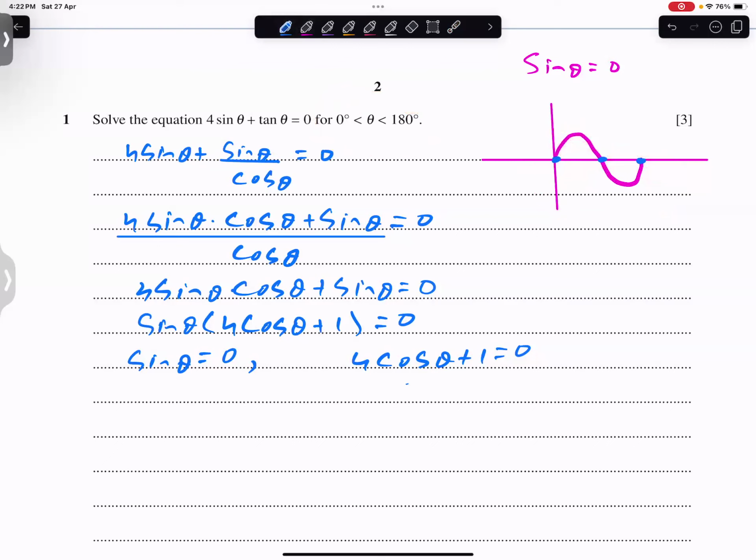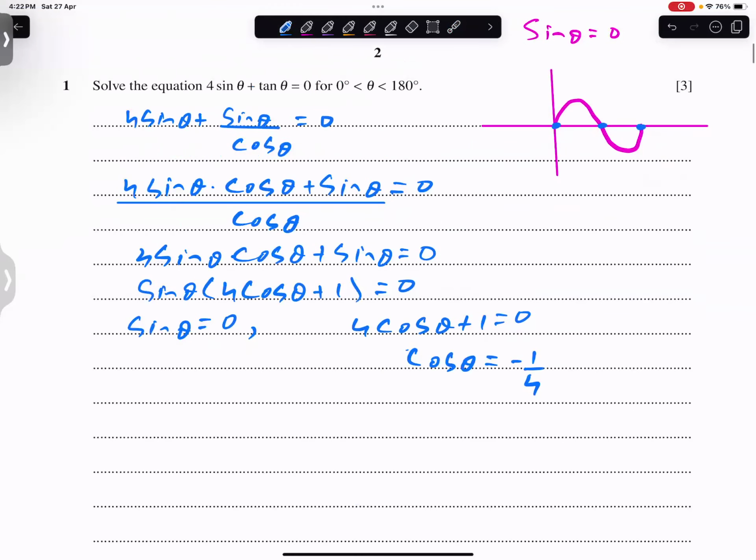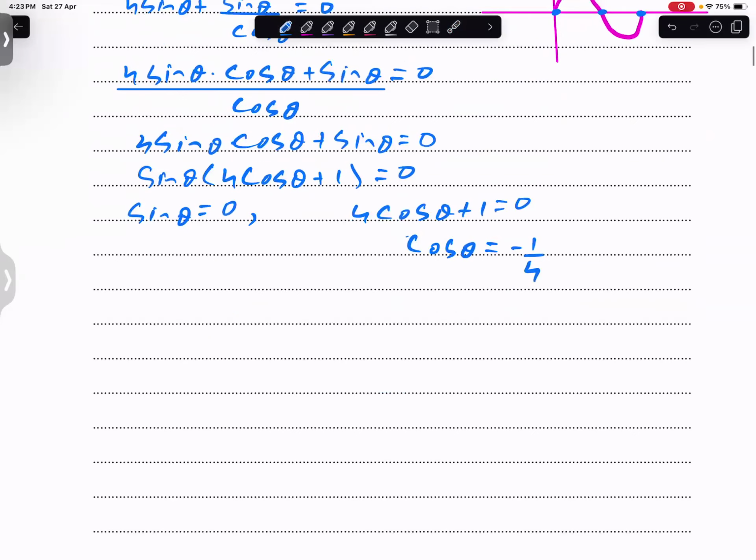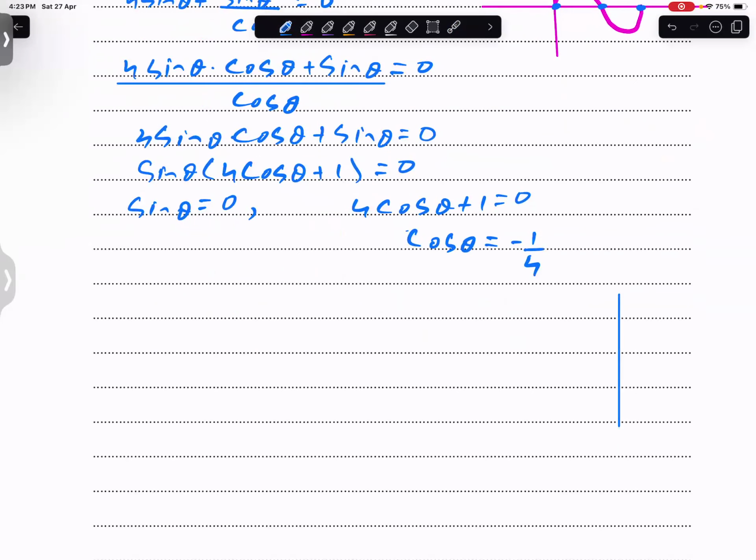So you will solve the next. Cos theta is minus 1/4. So now write, as cos is negative, so cos is negative in second and third quadrant. So these are my possible answers.